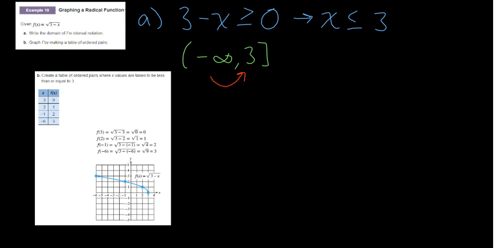So we're going to look at all the values that are 3 and less. And that's what we're doing here. We're creating a table of ordered pairs where x values are taken to be less than or equal to 3. We do that, and then we can make this table. These are my x coordinates, and these are my y coordinates. And then we can plot those points, and we see that we have this square root function going backwards.